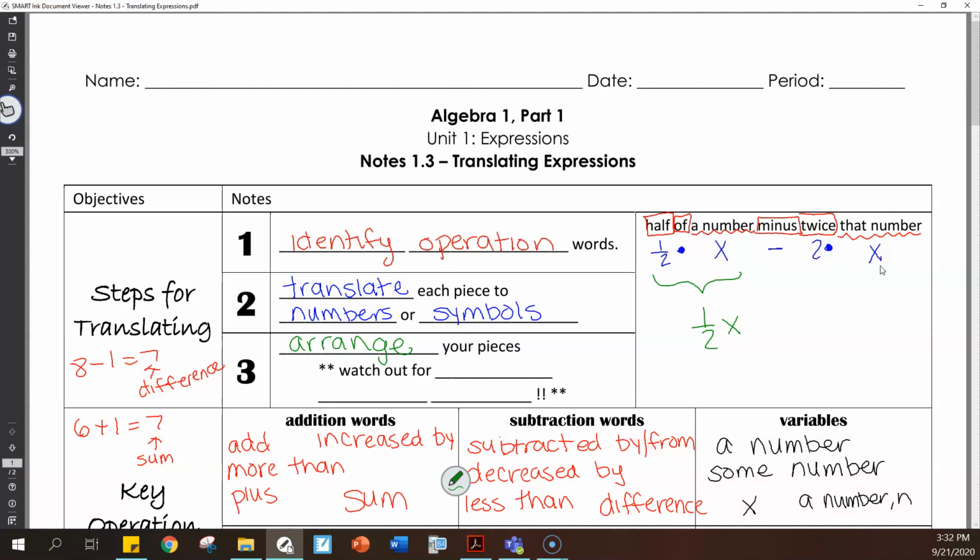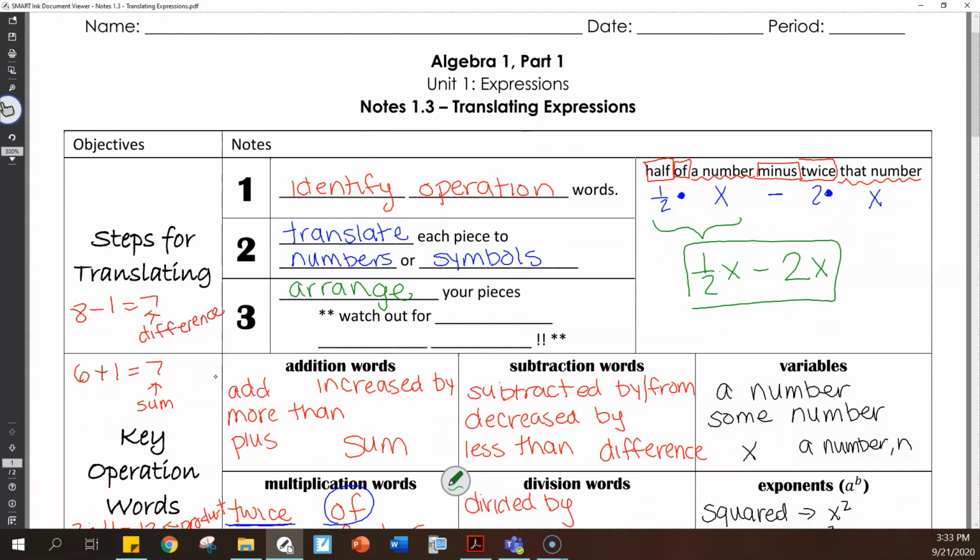Remember with multiplication, you can write things directly next to each other. That represents multiplying. If you'd like to put that little multiplication dot in there, that's okay too. Minus twice that number, 2 times x. So you may see it written like this. You may see it written a couple of different ways, but making sure that this represents 1/2 of a number minus twice that same number. Okay.